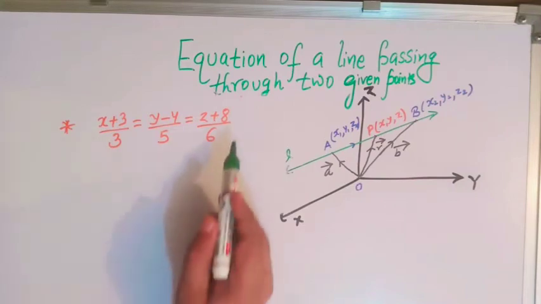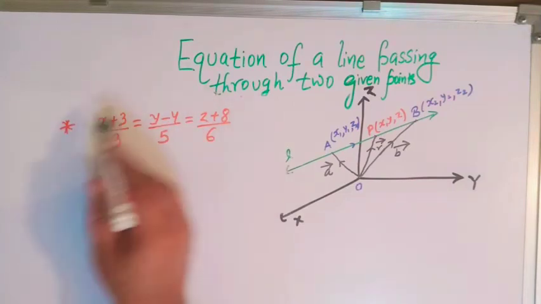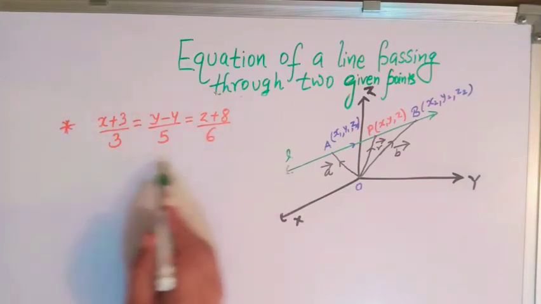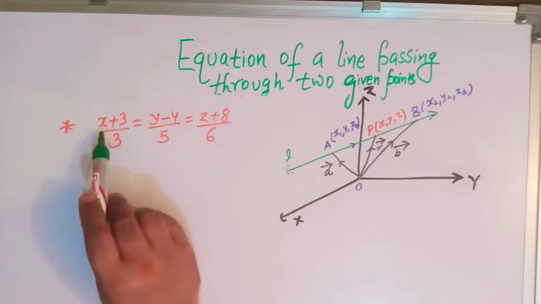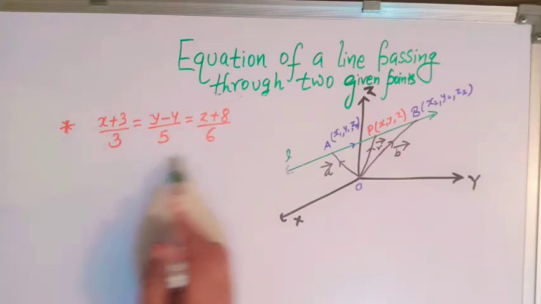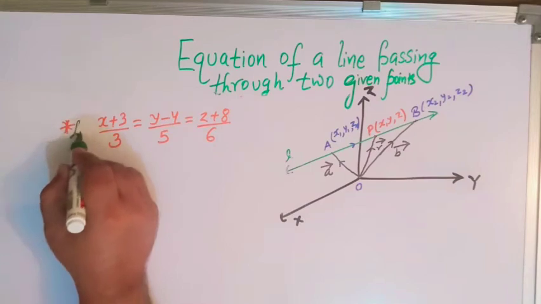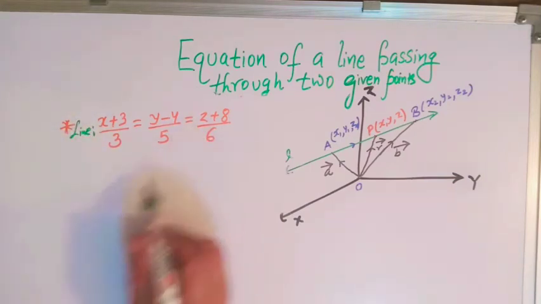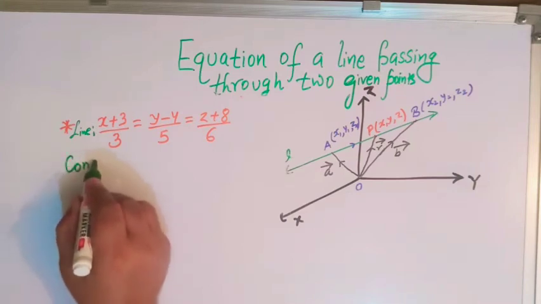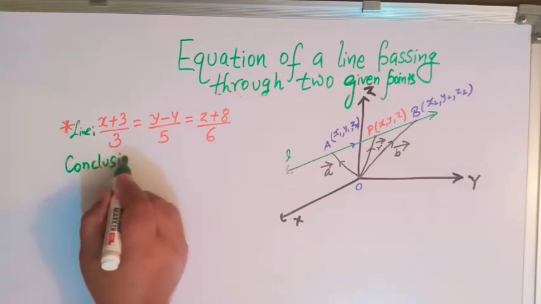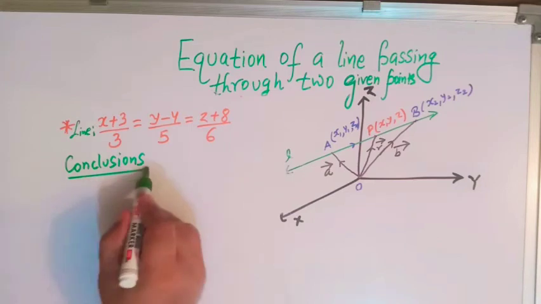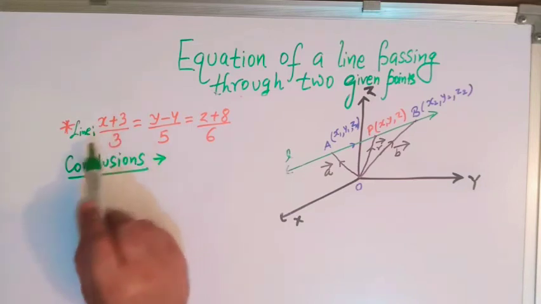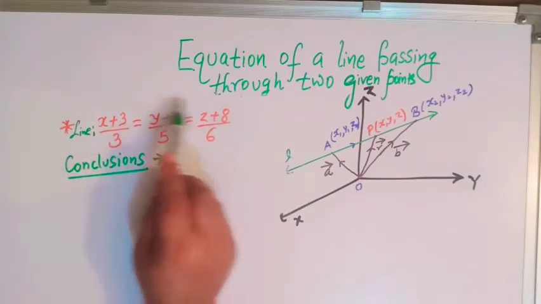Viewers, now let us consider any line. So here we have the Cartesian equation of a line, right? This is a line. Now let us draw some conclusions by this equation.